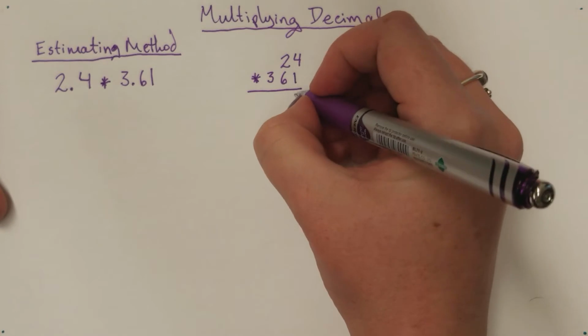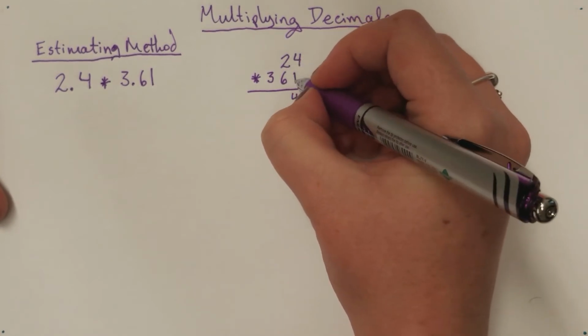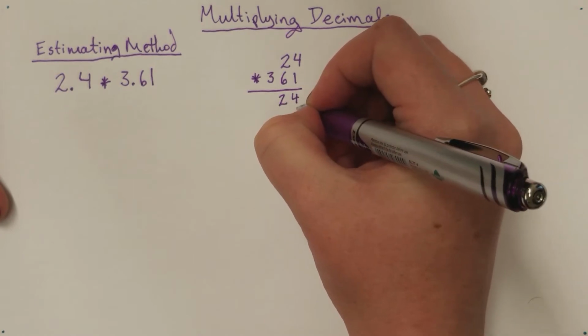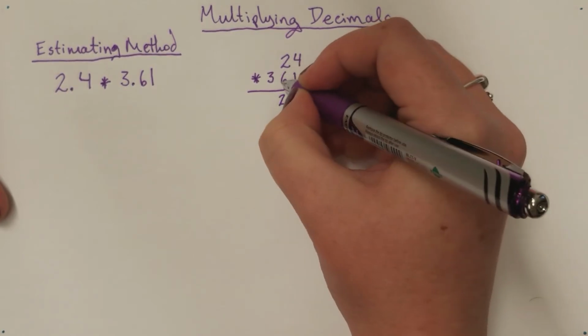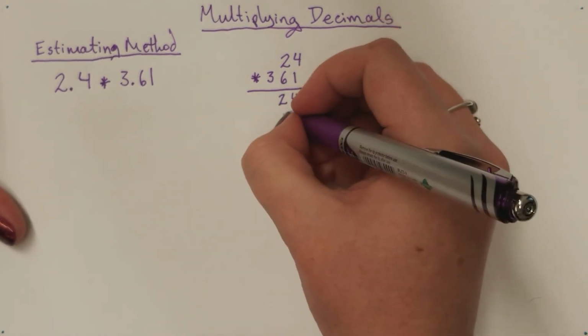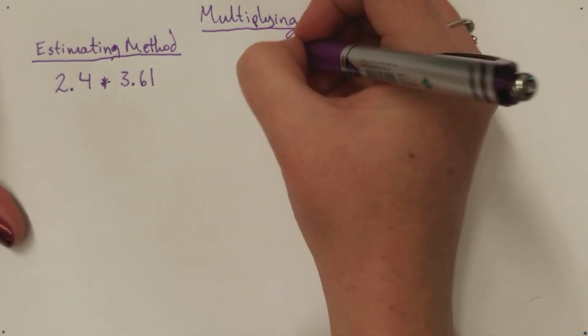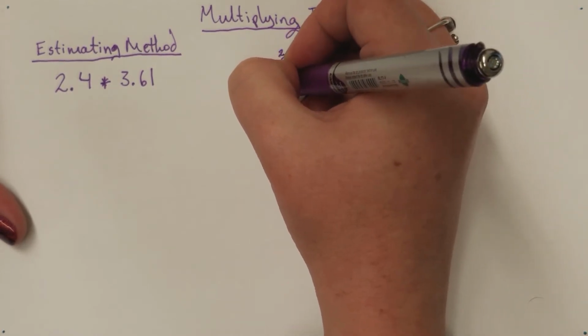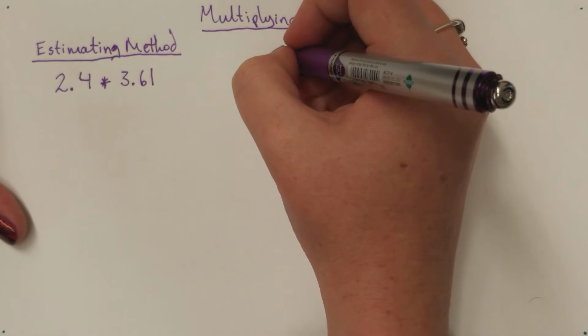4 times 1 is 4. 2 times 1 is 2. Next line, placeholder 0 because we're multiplying by 60. 4 times 6 is 24. Carry the 2. 2 times 6 is 12.